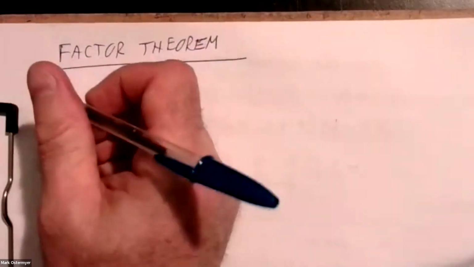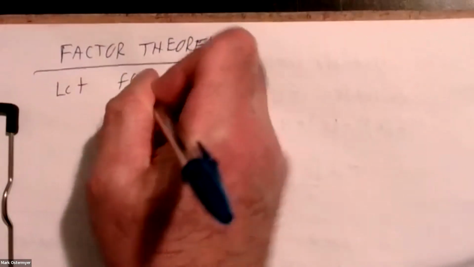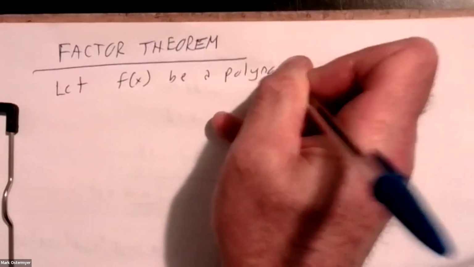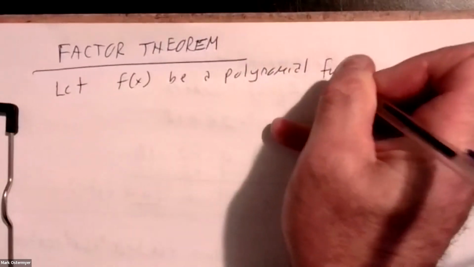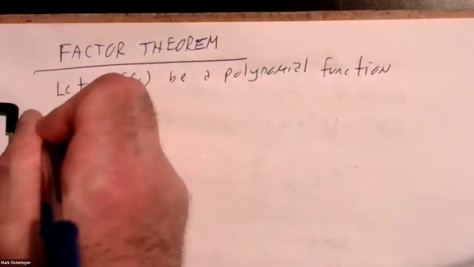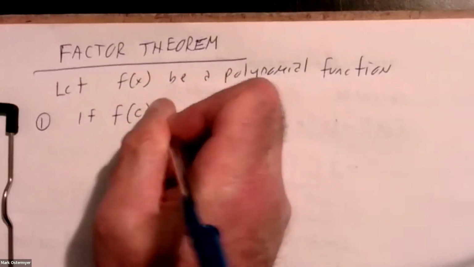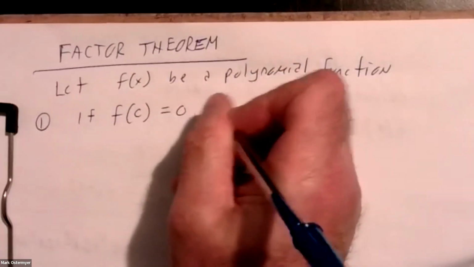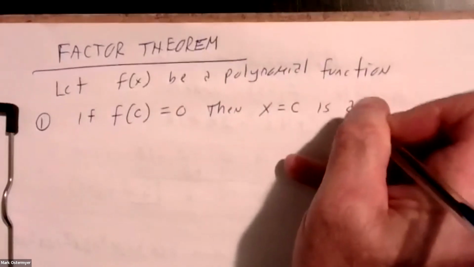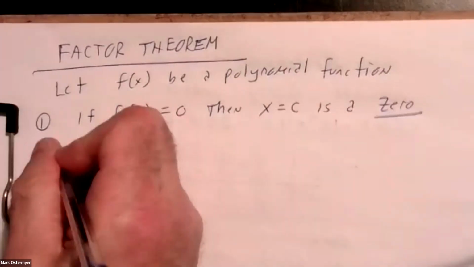And the factor theorem says this: suppose that we let f of x be a polynomial function. If, ladies and gentlemen, f of c is equal to 0, then we say that x equals c is a 0 of f of x.